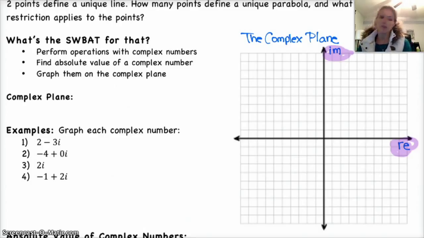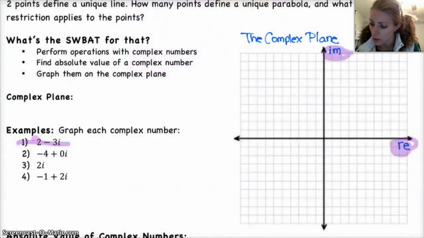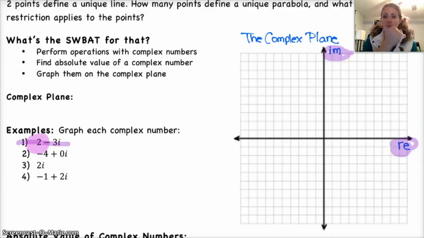So, for example, number 1, the number 2 minus 3i. Well, the real part is 2, right? That's this part here. The 2 is your real part. So you go to the right 2.